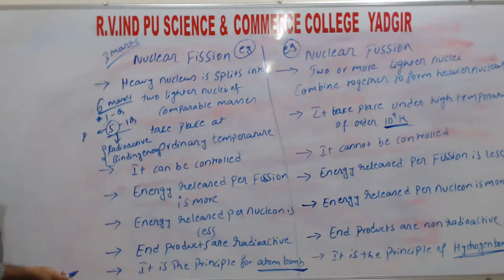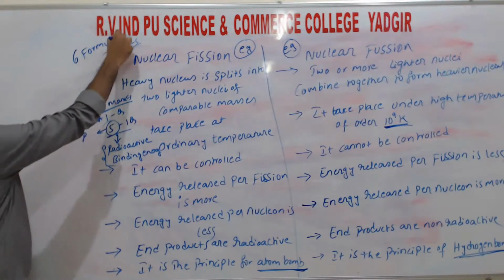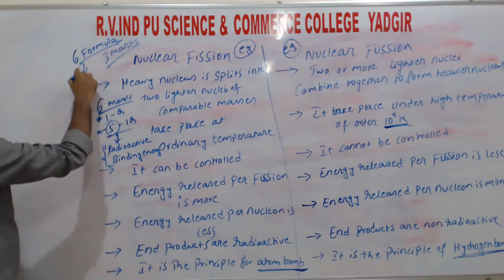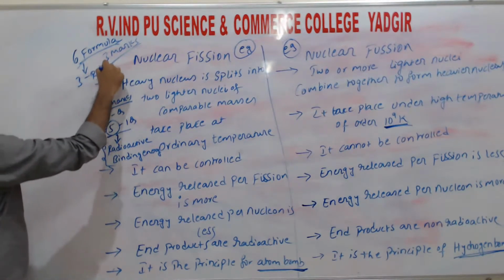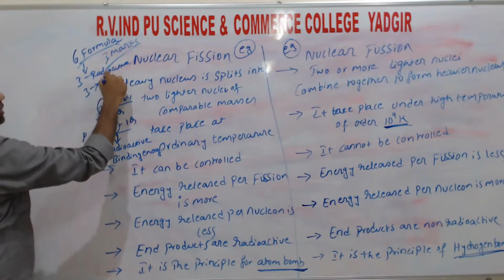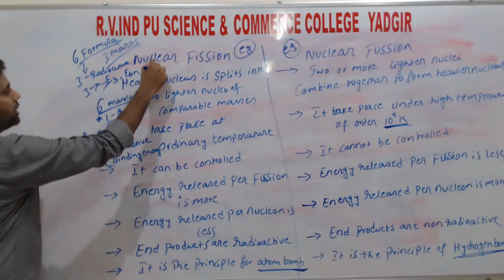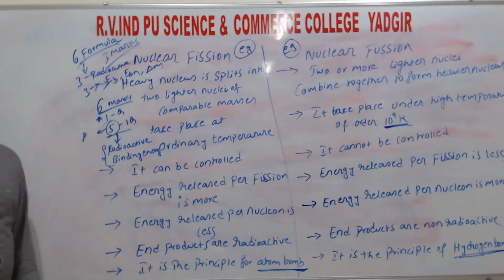So from this chapter we have maximum 6 formulas. So 3 in radioactivity and 3 in binding energy, that is EB, EBN and mass defect delta M. Right?